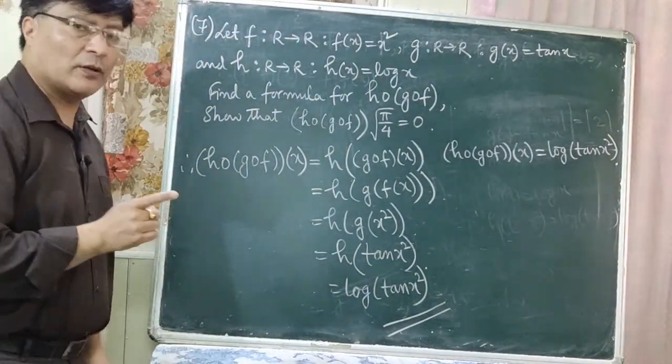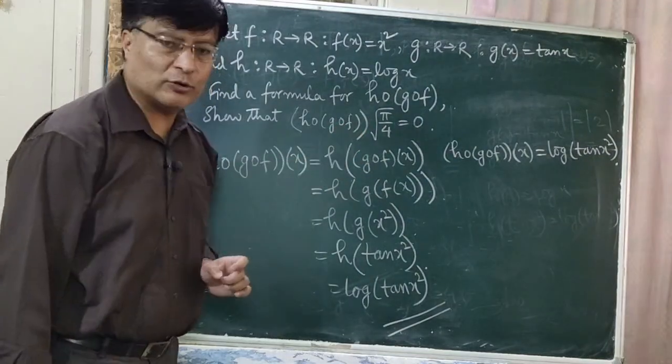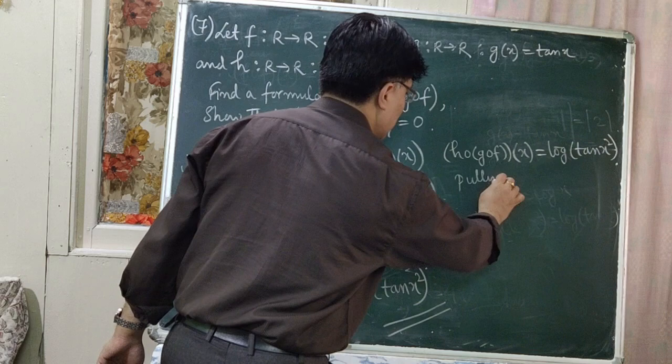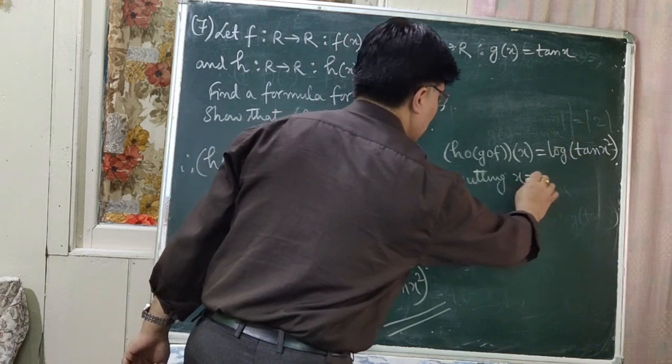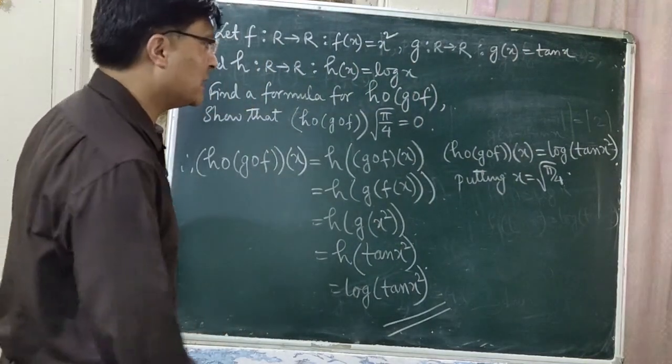So now what will you put for X here? We have to put X is equal to root over pi by 4. So putting X is equal to root over pi by 4, what do we get now?